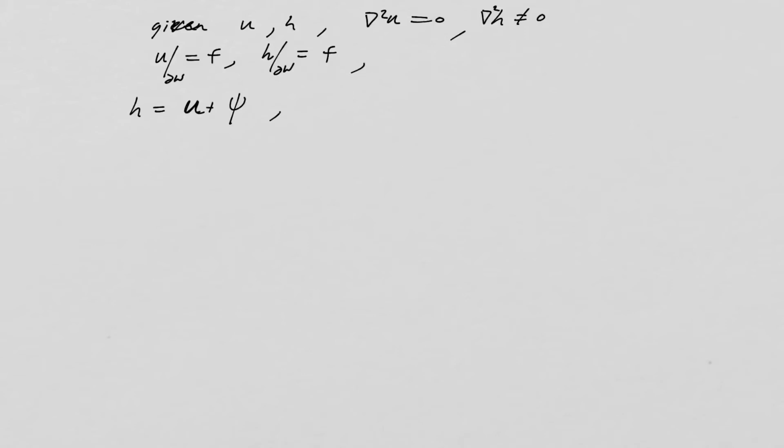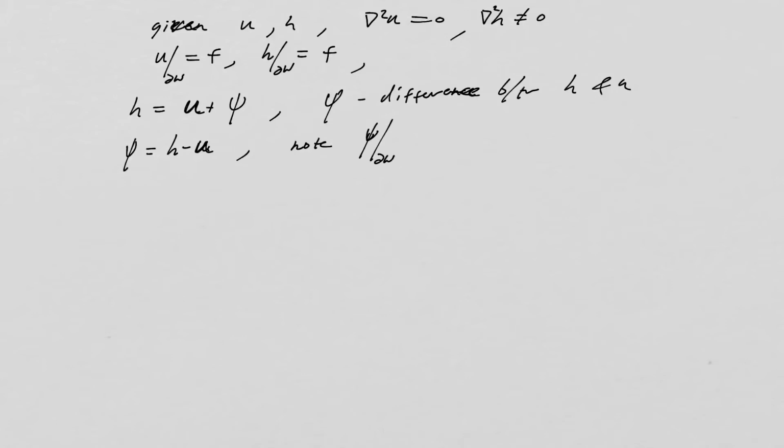So psi is literally just the difference between H and U. We can write it this way: psi is equal to H minus U. Note also, and this is really important, that psi, when you evaluate it at the boundary, is going to be equal to 0.